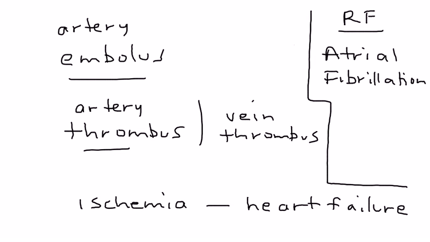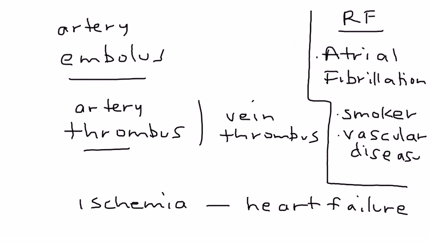And that blood clot can eventually travel to one of the mesenteric vessels, for example, the superior mesenteric artery. Another risk factor would be if the person is a smoker. Another risk factor would be if some person has already established vascular disease. So think of that as something to look for in the clinical vignettes.